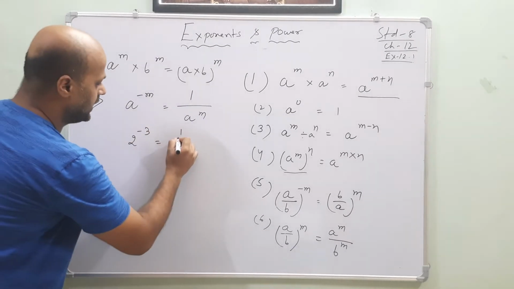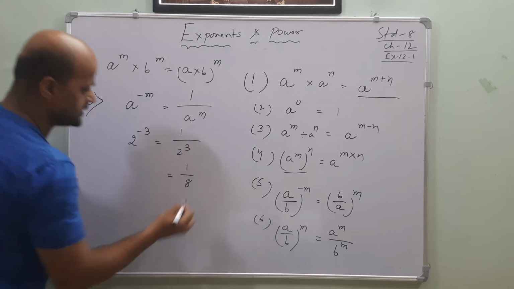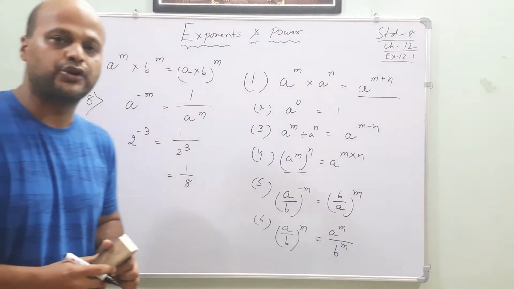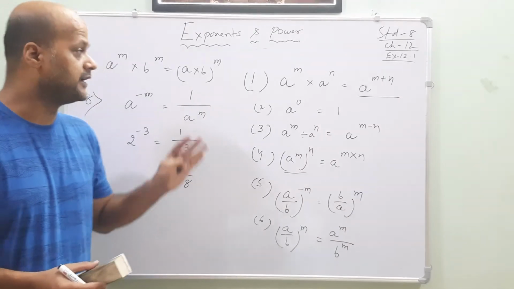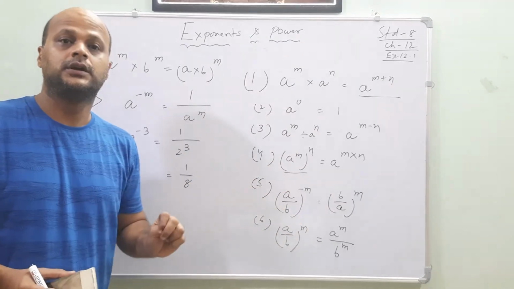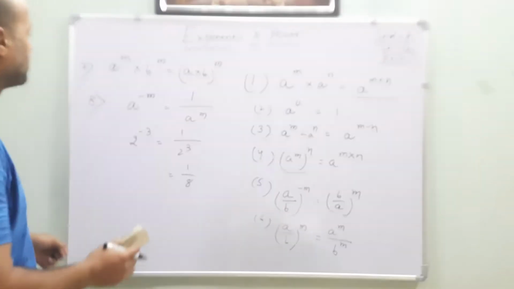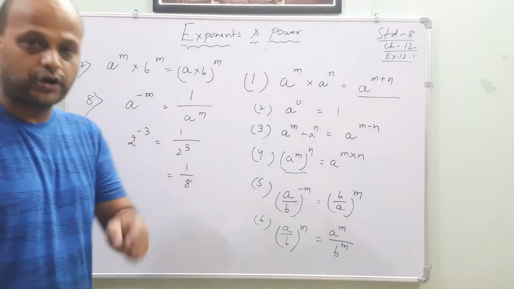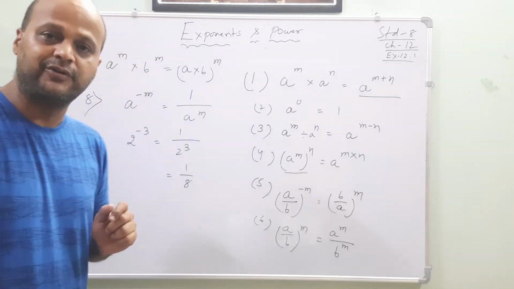So 1 by 2 power of 3, answer is 1 by 8. In this manner you have to solve the exponent and power questions by using these rules or formulas. Understood, my dear friends? So remember this one. Okay, let's go to your exercise one by one so that you can understand it in a very clear form.